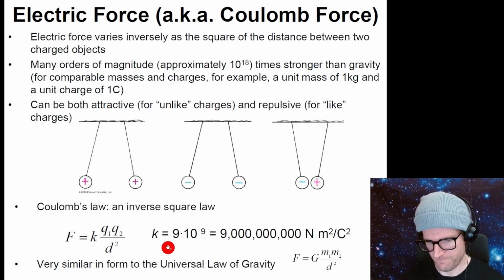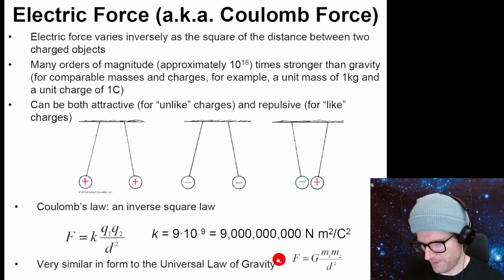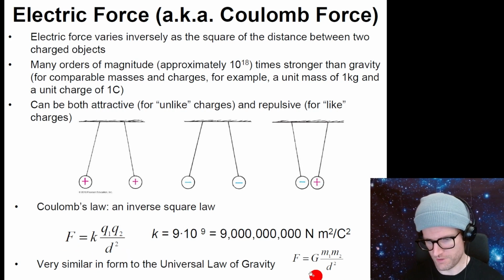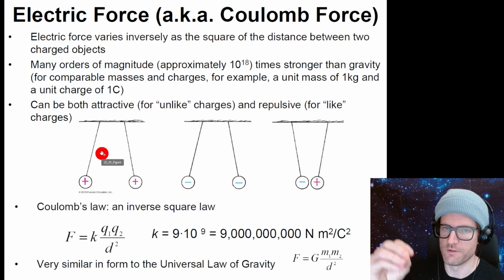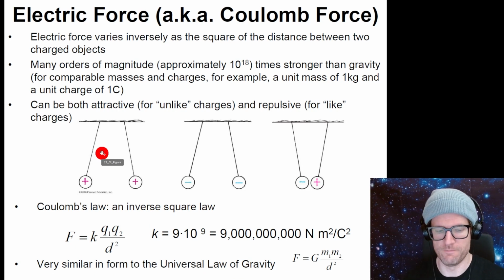Here it's K, and K is this huge number with these units here. If you compare it to the universal law of gravity, instead of big G, it's K. Instead of mass, it's charge. And force is force, distance is distance. So it's a very similar form, with slightly different meaning to the variables in the formula.